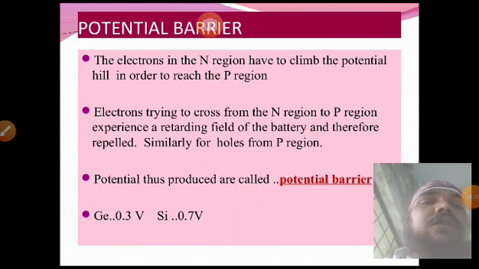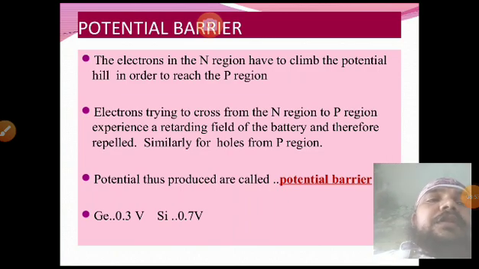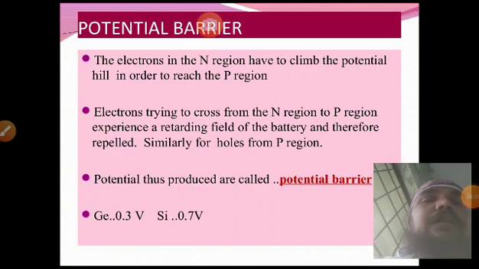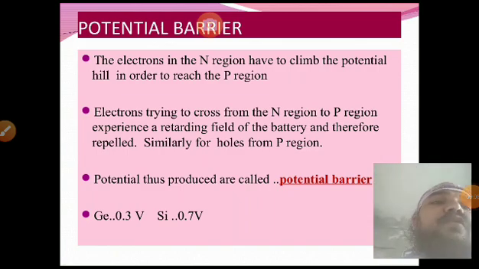Electrons trying to cross from the N region to the P region face a opposing potential and are therefore repelled by the holes of the P region. The potential so produced is called the potential barrier.